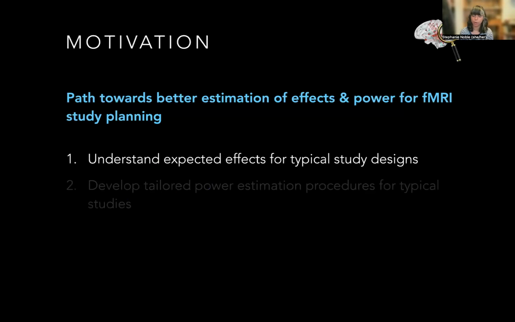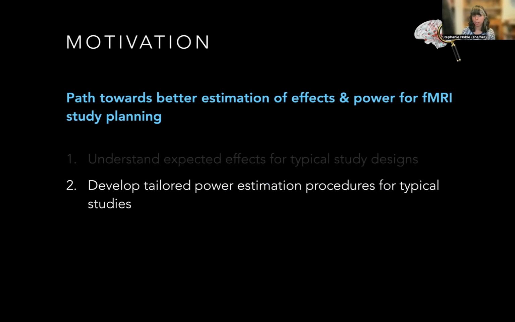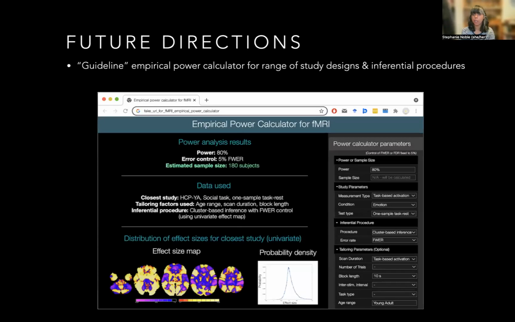And I'm going to talk about more future directions in just a sec with the second part, which is developing tailored power estimation procedures. So here are those future directions. The overarching plan for the next several years is to create a power calculator that can provide some guidelines for a range of typical study designs and inferential procedures. Again, this should be point and click.